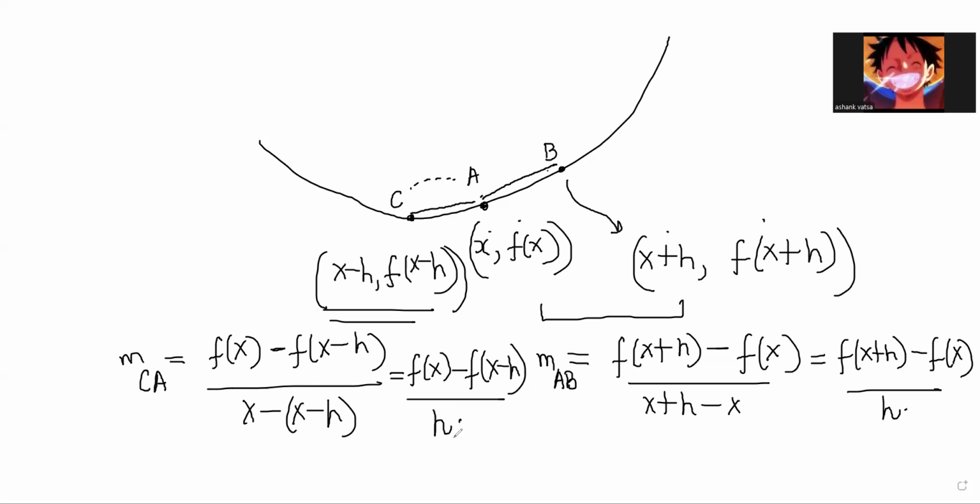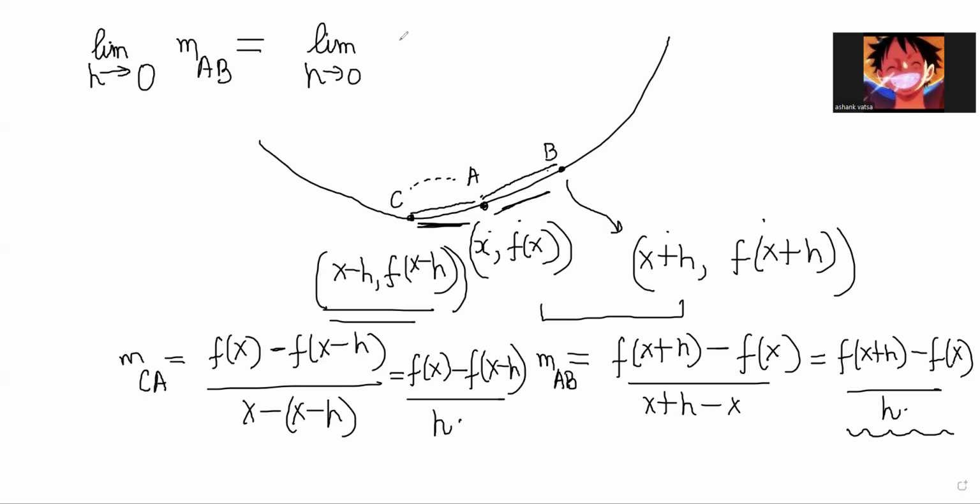Yes, sir. And now this is still an average rate of change. It is not the exact rate of change because it is an average over this interval or this interval, right? In order to make it exact, we'll apply a limit to both things. Limit h tends to 0, calculate the slope of AB. So basically that is limit h tends to 0, f of x plus h minus f of x by h.